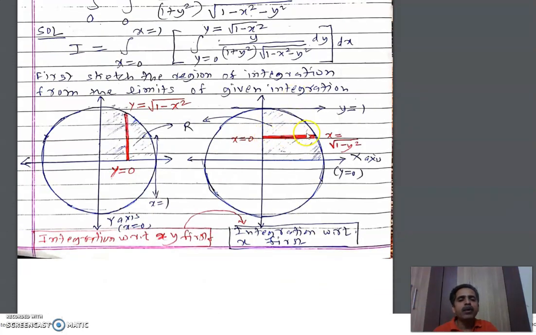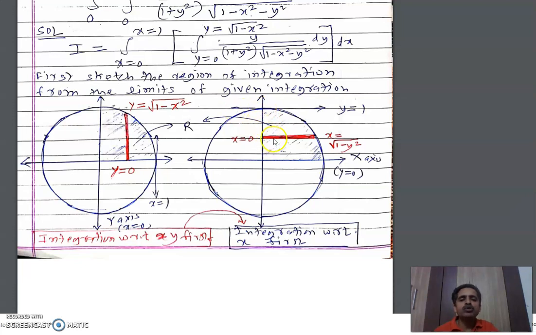To find the limit of y, we have to move this horizontal strip from bottom to top so as to cover the entire region. When the strip is at the bottom, that is at the x-axis, there we have y is 0, so this y equal to 0 forms the lower limit. We have to move this horizontal strip from bottom to top, and stop this movement at this point, and this point has coordinates 0, 1.